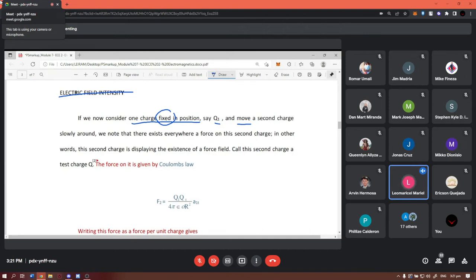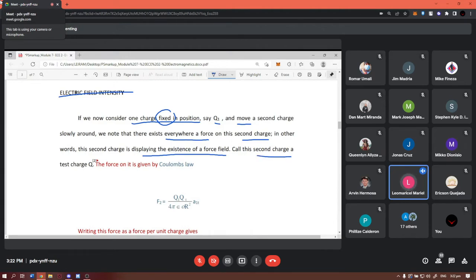So, we note that there exists everywhere a force on the second charge. In that manner, we can say that this second charge is displaying the existence of what is called a force field. And that force field is called your electric field intensity or the EFI.